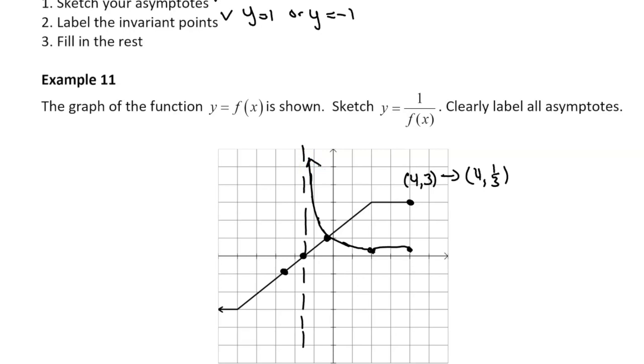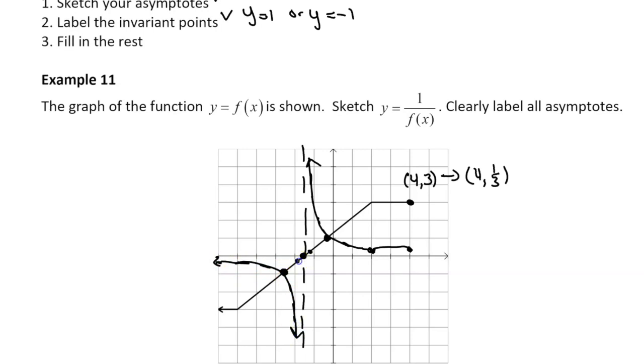Now, think about why it goes up so much. If you take a point right here that just hovers above the x-axis, say it's at 0.1, it's at 1/10. If its y value right there is at 1/10 and you take its reciprocal, that 1/10 now becomes positive 10, and that's why it shoots up so high right there. The same thing's going to happen down at the bottom right here.